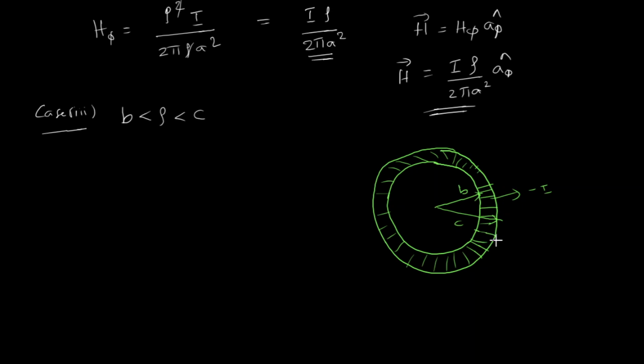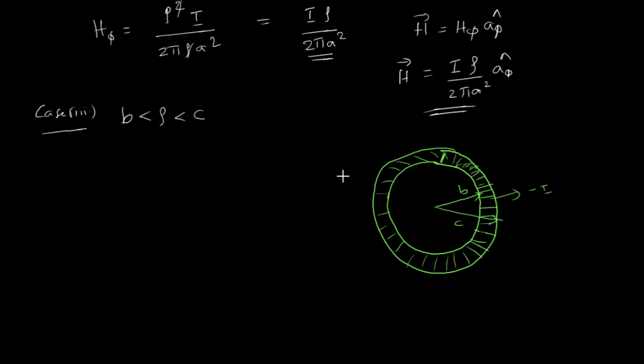Okay, so the current enclosed by the closed path is only a part of minus I in the outer conductor. So the total current flows through this cross section, while the closed path encloses a lesser cross section. So first let me identify how much is this cross section. Mathematically, how will I evaluate this cross section?